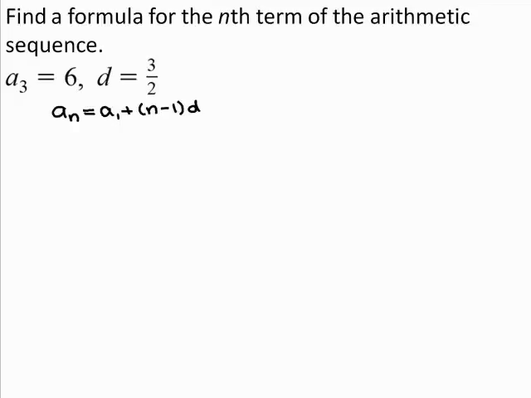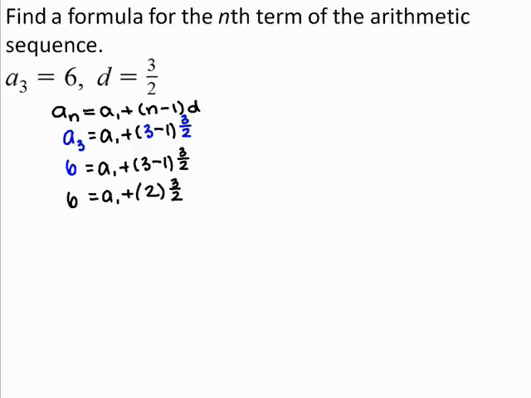In this problem, you are given the values of a sub 3 and d, so you can substitute a sub 3 in for a sub n, 3 in for n, and 3/2 in for d. Because a sub 3 equals 6, substitute 6 in for a sub 3. Simplify 3 minus 1. Simplify 2 times 3/2. Subtract 3 from both sides. You find that a sub 1 equals 3.